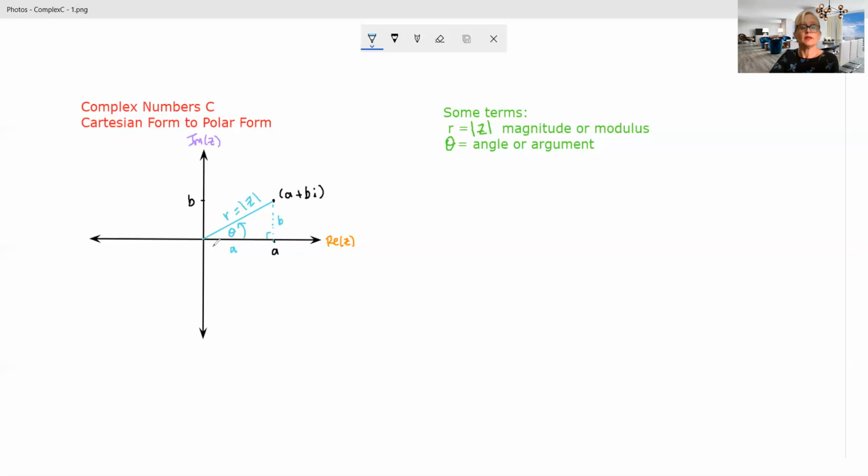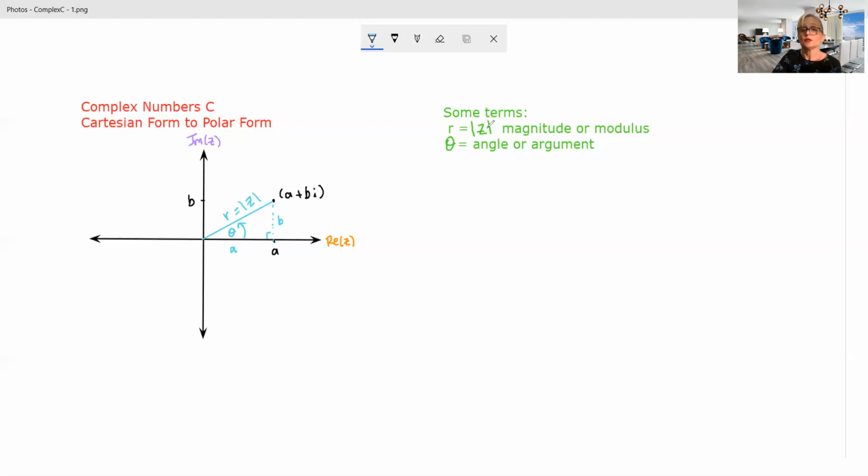Now, let's have a look at how we would use this information and our trigonometry information that we know. Yes, we are going to have to use our trigonometry to convert from Cartesian form to polar form. Just a little bit of terminology for starters.